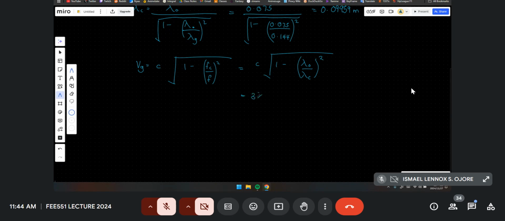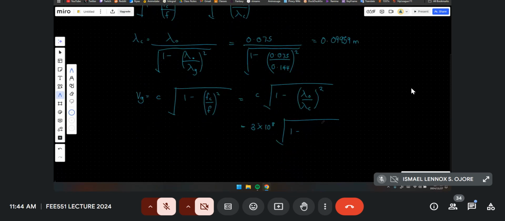So this is 3 times 10 power 8 times the square root of 1 minus 0.075 over 0.0959 squared. And we'll get our answer to be about 1.974 times 10 power 8 meters per second. That's all.